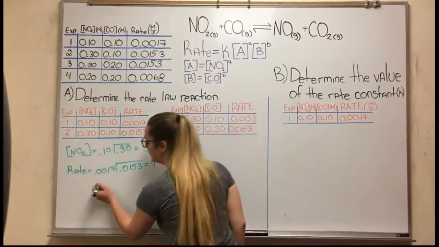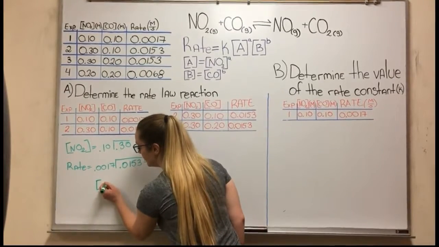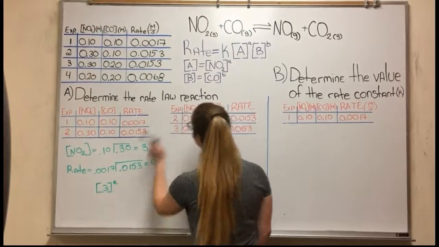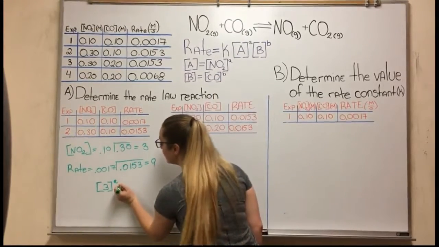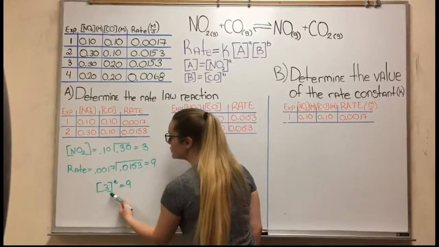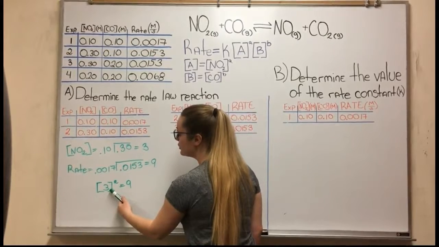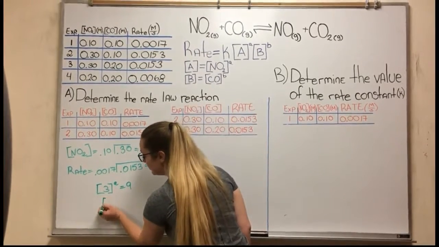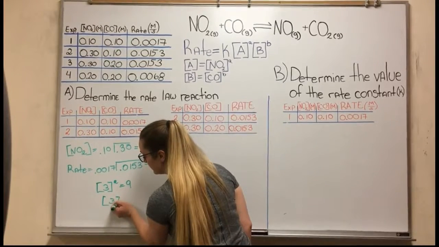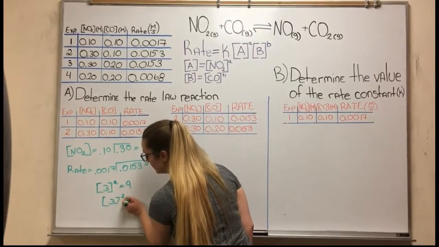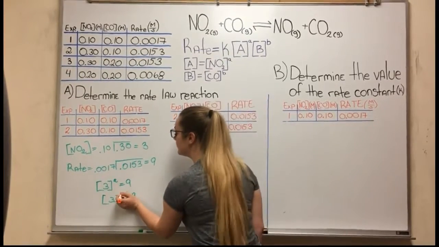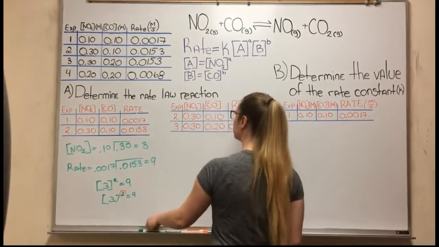So the concentration factor of 3 raised to the power of A equals 9. So 3 to what power will give you 9? You can see that 3 to the second power will give you 9. So your rate order is 2.